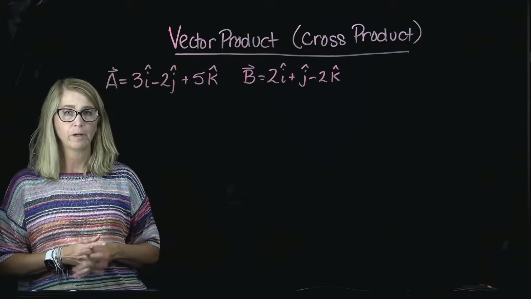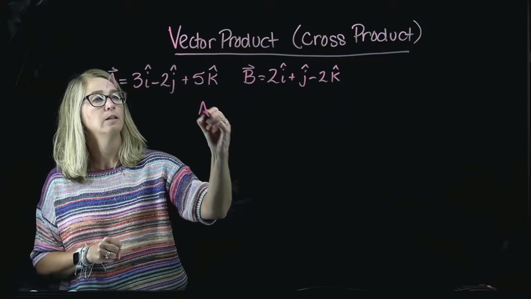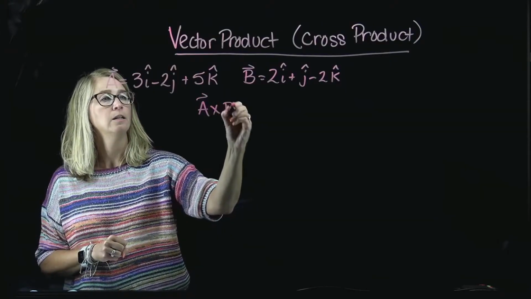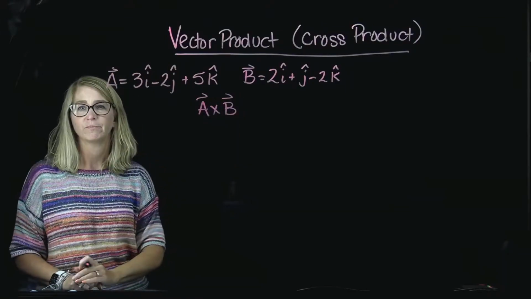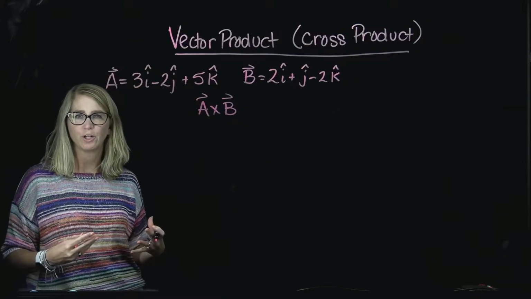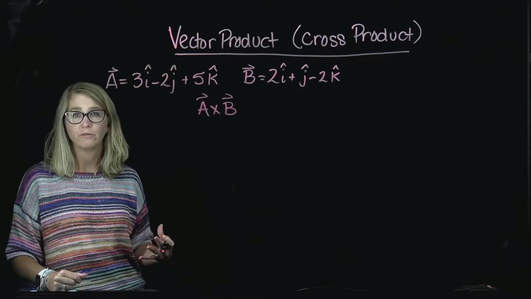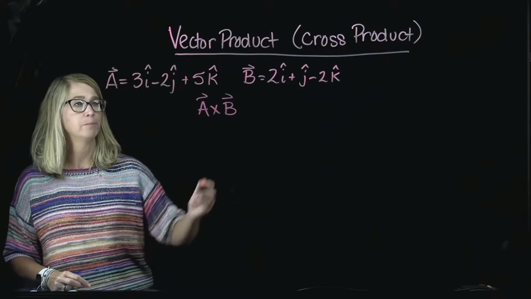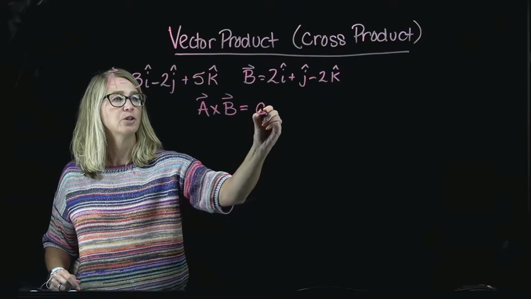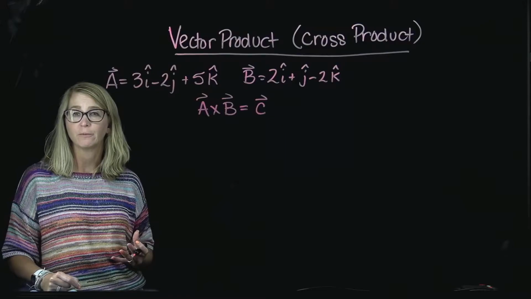So if you remember, the way that we write the cross product is A cross B. The times sign, which is what we usually call it, is why we call it the cross product, but it's also known as the vector product. The reason being is that the answer to A cross B is also a vector.